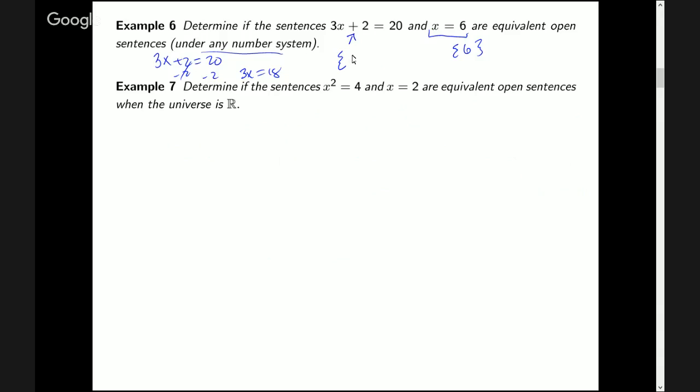What is x equal to? 6. Are they the same? That means they're equivalent open sentences. We would usually write this as P(x), 3x plus 2 equals 20. So the equation is a sentence. And this one would be Q(x), x equals 6.